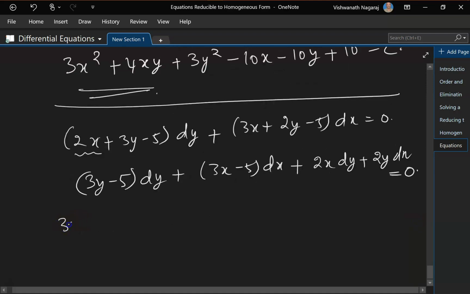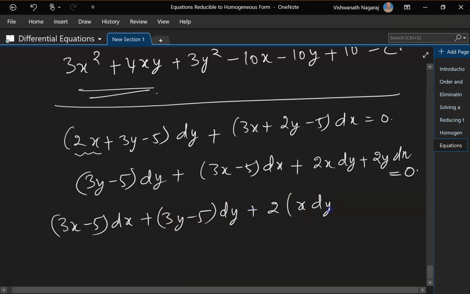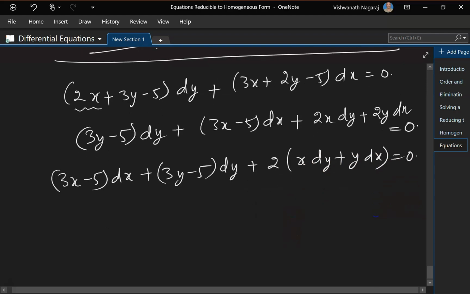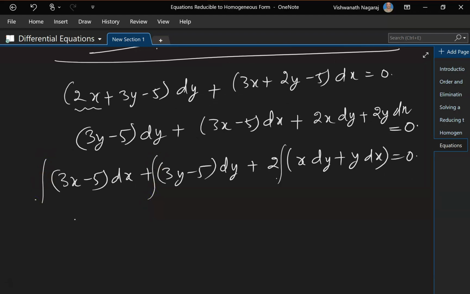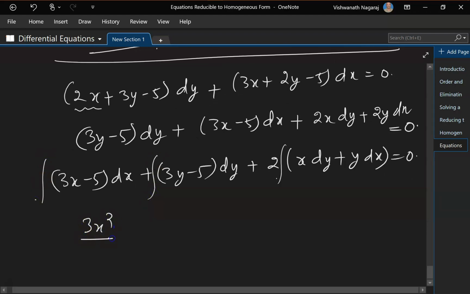Okay, so let's again rearrange them. 3x minus 5 dx plus 3y minus 5 dy plus 2 times x dy plus y dx equal to 0. Now integrate. So when we integrate, what happens? This becomes 3x square by 2 minus 5x plus 3y square by 2 minus 5y, plus 2 times the integral of the derivative of xy.